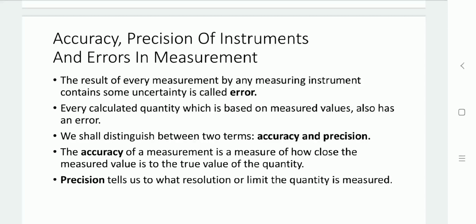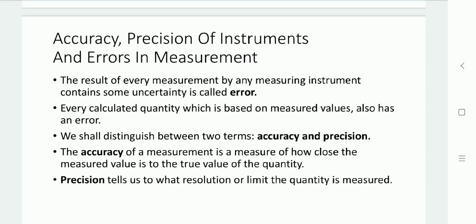So here, to measure that value, we need to take care of two points: accuracy and precision. Then what is accuracy? Accuracy of measurement is the measure of how close the measured value is to the calculated ideal value.